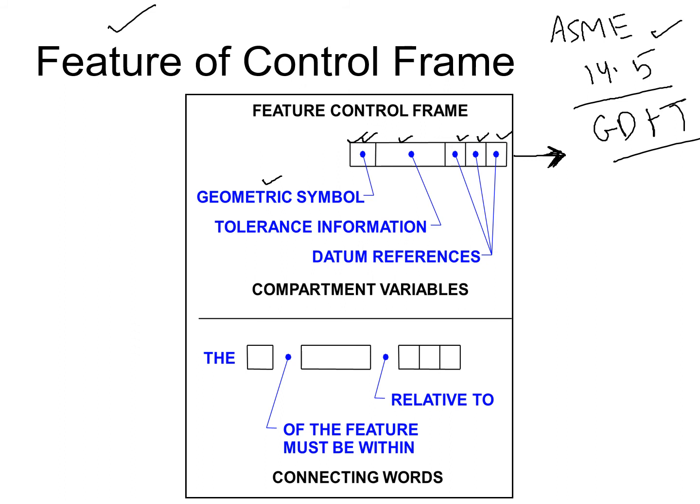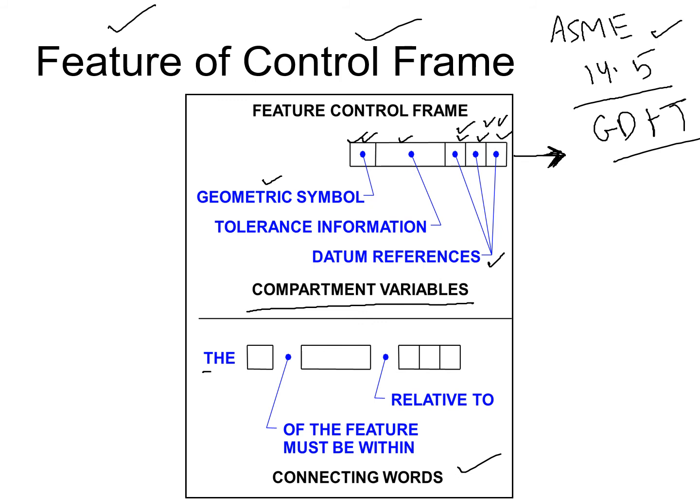Then we have the tolerance information, how much tolerance we are going to define, and then we will talk about the datum surfaces in these three boxes, or it can be two boxes, or one box, depending on the reference surfaces that we have. So these are the compartments that we use in the feature control frame, and we can also write them in word form by connecting these boxes.